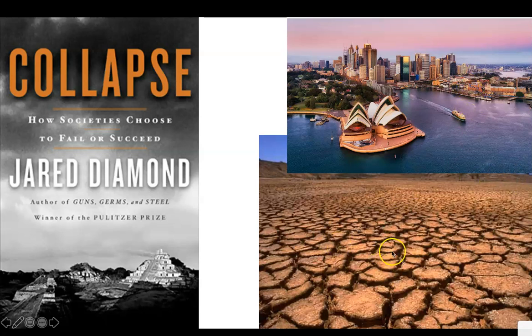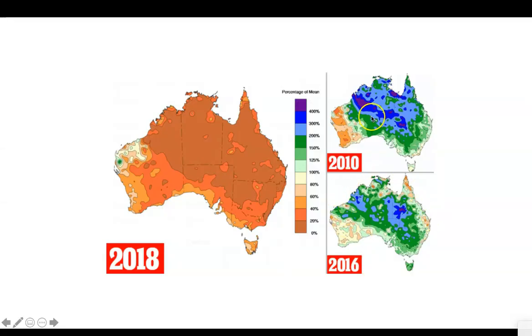And a lot of inland Australia is beginning to look like this, and huge devastating fires a few years ago. 2010, this is what the rainfall looked like. 2016, then you get the horrible drought of 2018 that really, my wife and I think this is essentially where a lot of the koalas are.